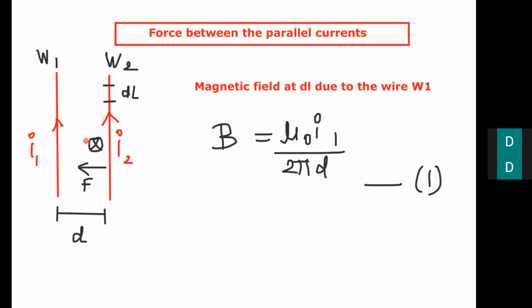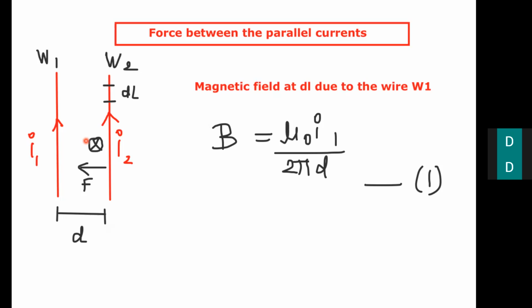Here there is a cross, so the field is going perpendicular. Like if you have your phone on the surface of the table, and you are pointing a pen perpendicular to it, that would be the direction of magnetic field, which is going inside the plane of the mobile phone lying on your table.